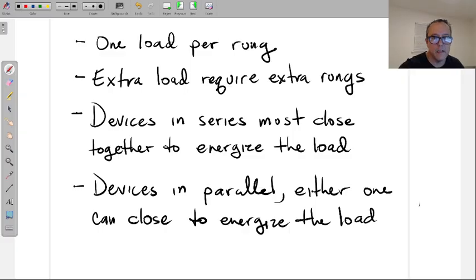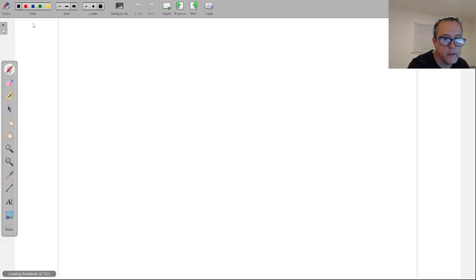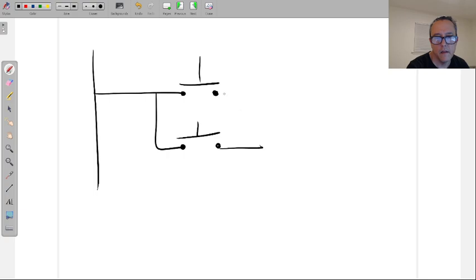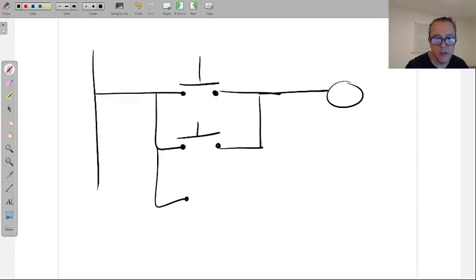I'll be right back to this. I'll just take a page real quick to show the parallel system. Let's say I have a push button, and here's my load, another push button, whatever. We can have as many as we want.